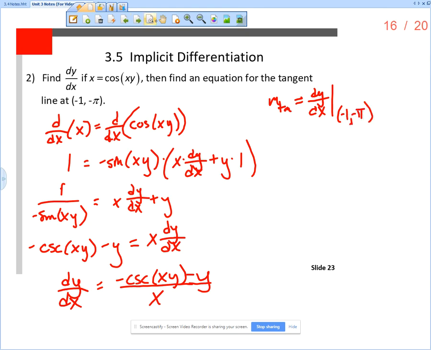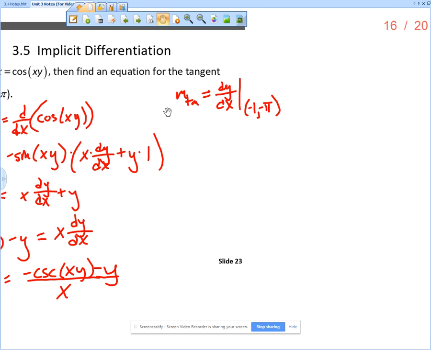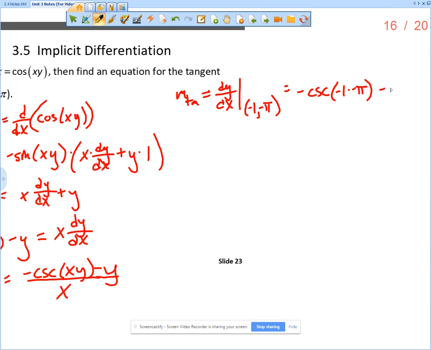So let's do that. We're putting x equals negative 1, y equals negative pi. So negative cosecant of x, which is negative 1, times y, which is negative pi, minus y, which is negative pi, divided by x, which is negative 1.